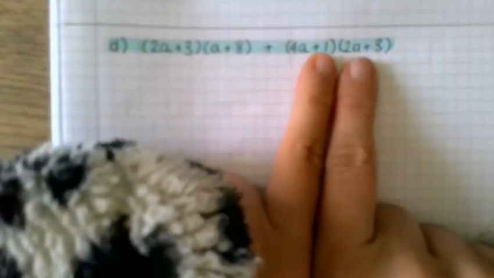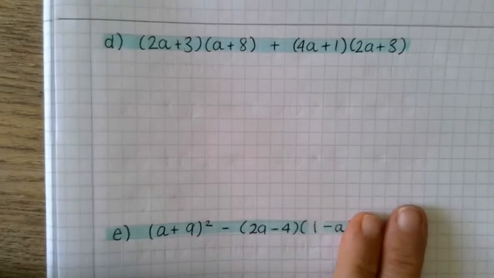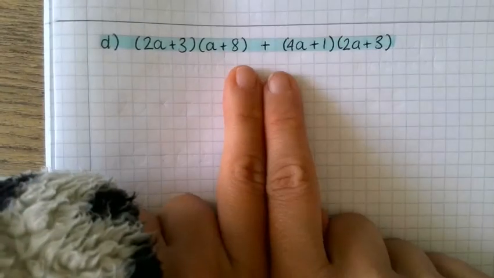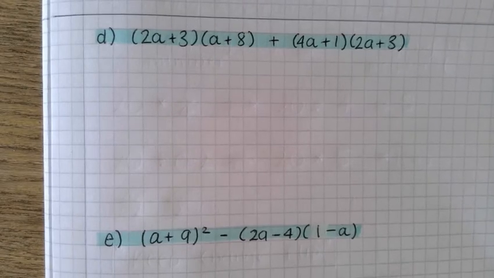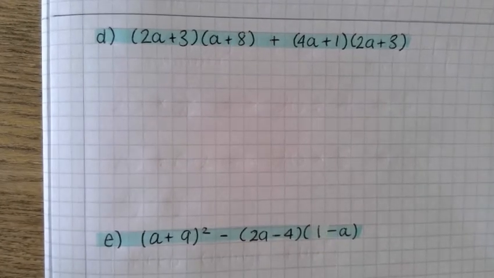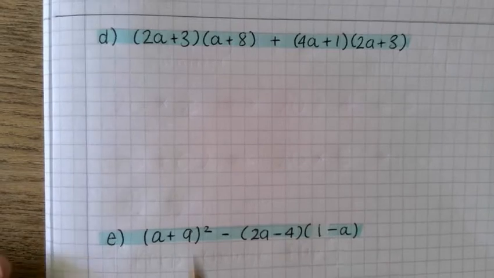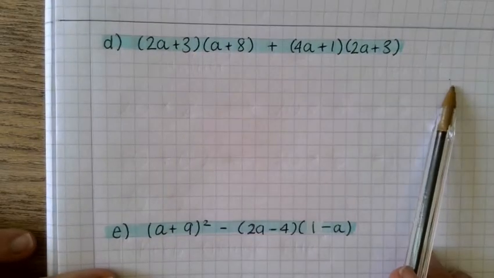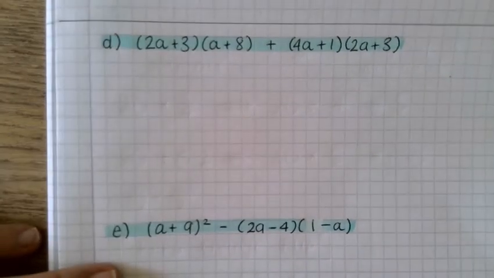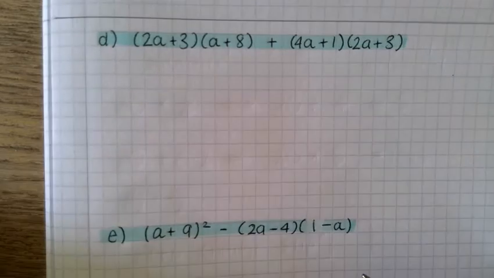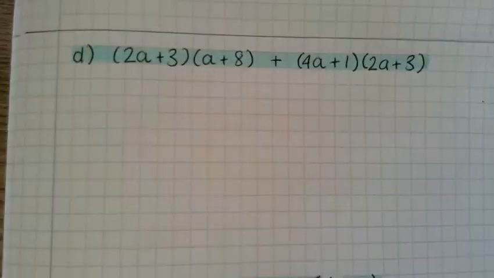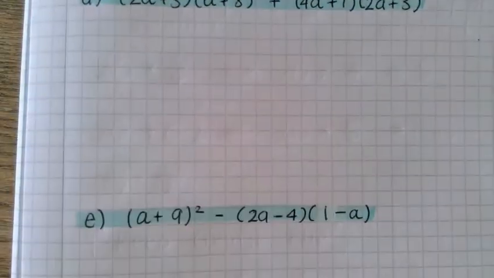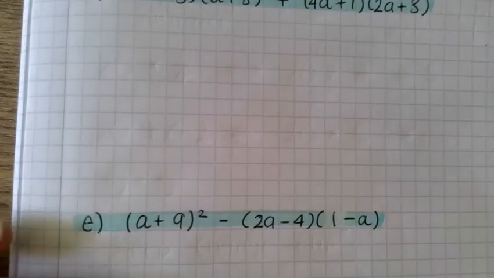Multiply these two brackets together, find out what that's equal to, and then I need to add them. So there's just a few more steps here, but it's not anything different to what we've been doing. So I'm going to do these grids just out of the way, also a little bit smaller than I usually do.